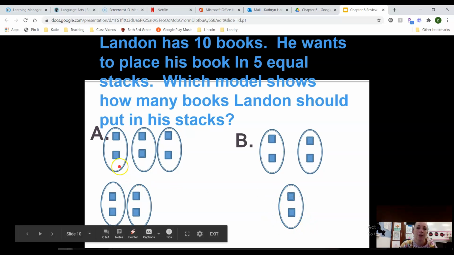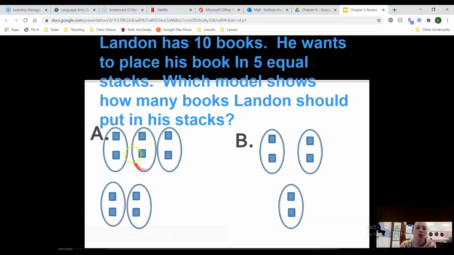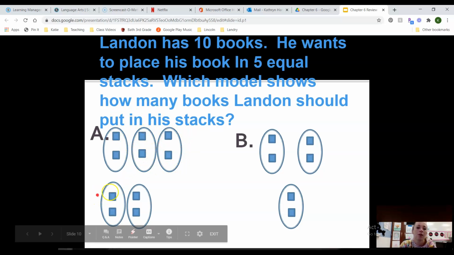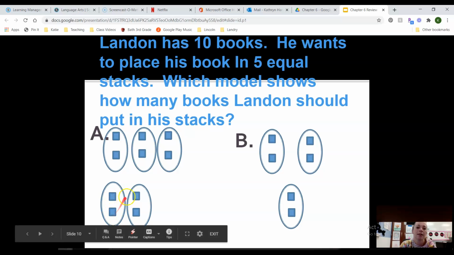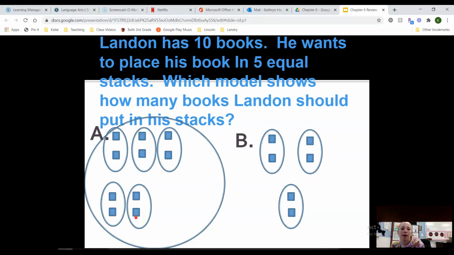Therefore, let's see if this one has 5 equal stacks. 1, 2, 3, 4, 5. 5 equal stacks. Now, do I have a total of 10 books? 1, 2, 3, 4, 5, 6, 7, 8, 9, 10. So the correct model is A. It has 5 equal stacks with 10 total books.